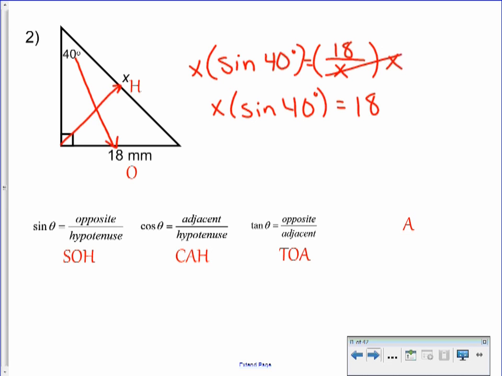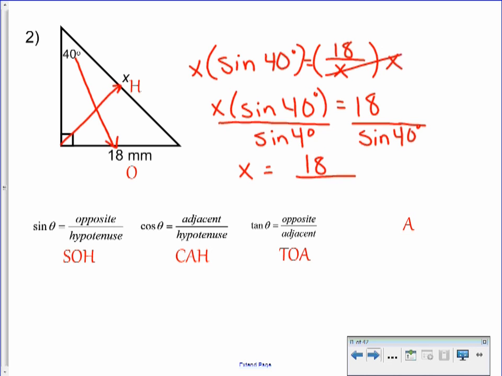What do I need to do with that sine 40? Need it on the other side by what operation? Distributive is not an operation. Not subtraction. There's not a plus sign. It's divide. Yep. Because that x is now multiplied by sine 40. We want to get rid of it, divide it over on the other side.